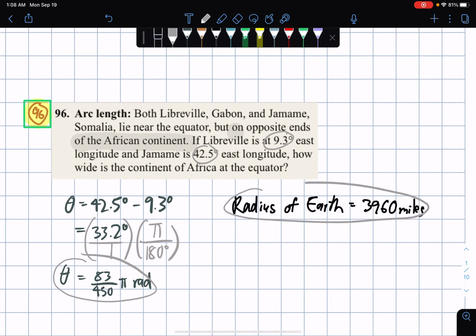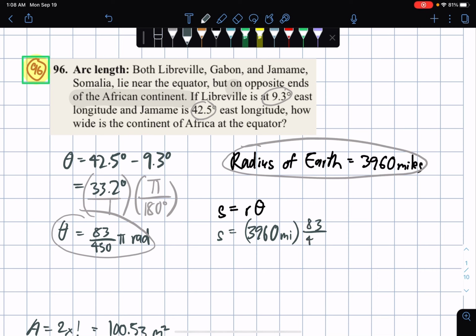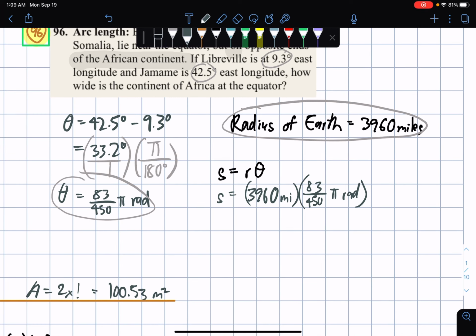With this in mind, the same formula for arc length, S is equal to 3,960 miles times 83 over 450 pi radians. So we put these values in the calculator.